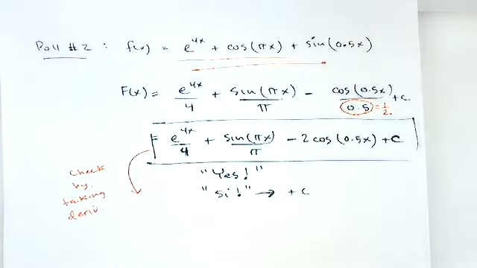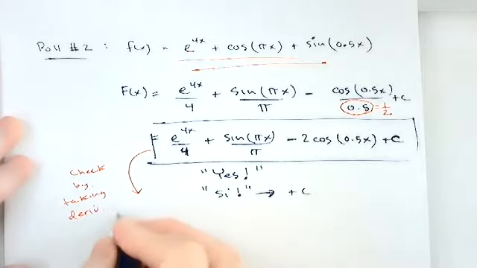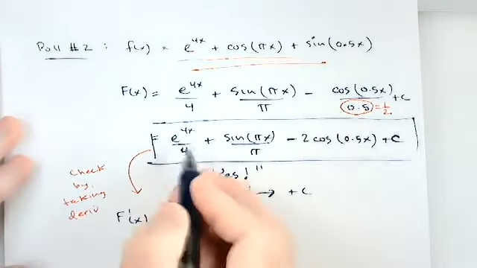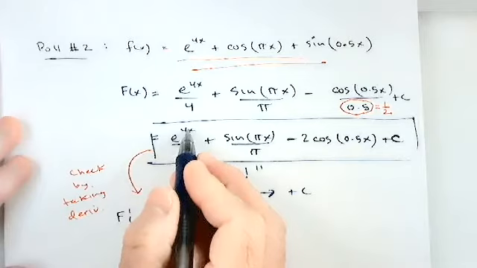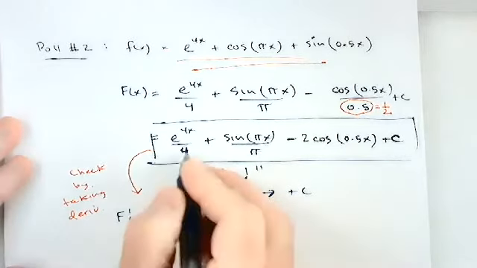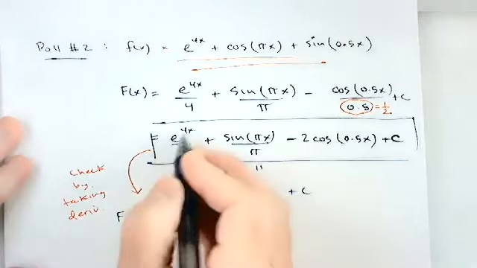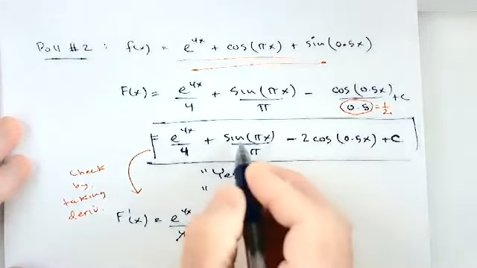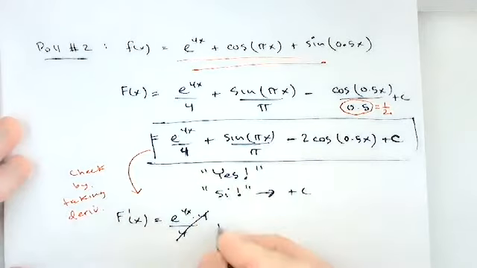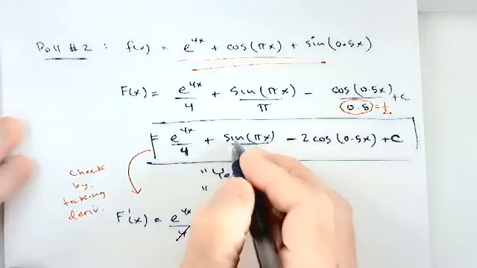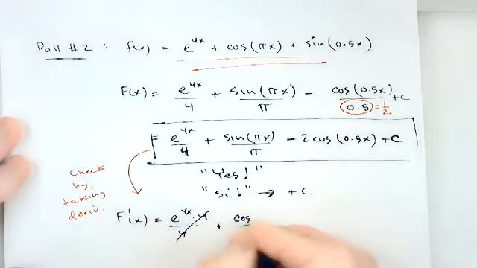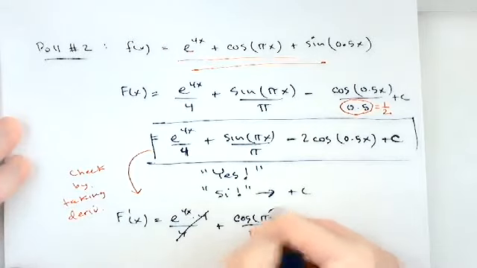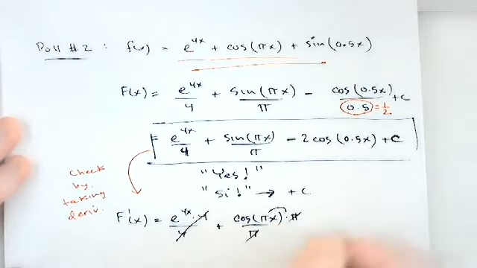If not, something's wrong. So just to show you that, if I took the derivative of f prime of x, the derivative of e to the 4x is e to the, well, the 4 gets to stay there because that's in the denominator. The derivative of e to the 4x is e to the 4x times 4. Those cancel. This pi is a constant, so that gets to stay there. The derivative of sine of pi x is cosine of pi x times pi. Pi's cancel.